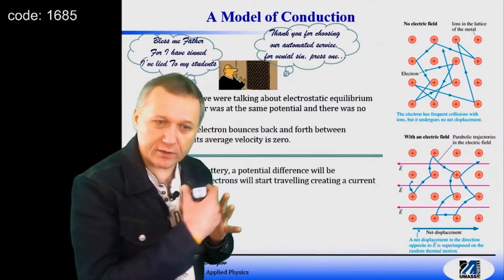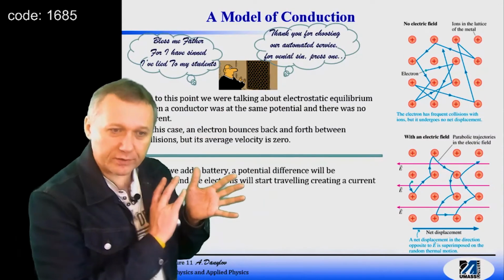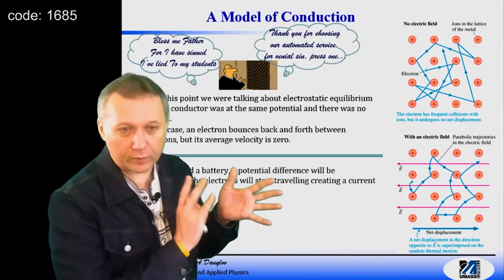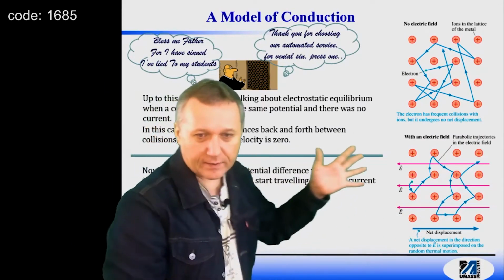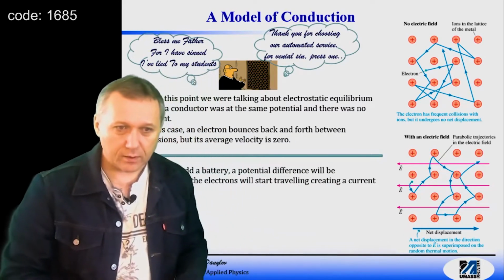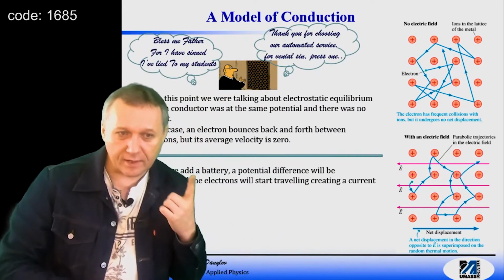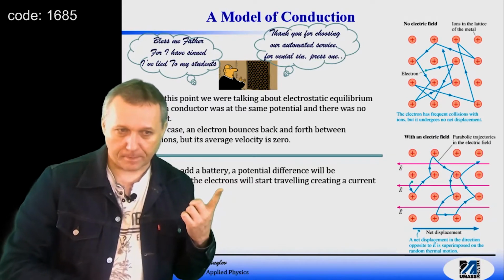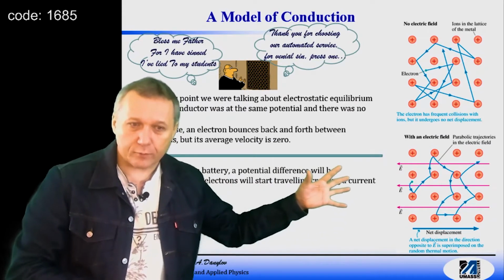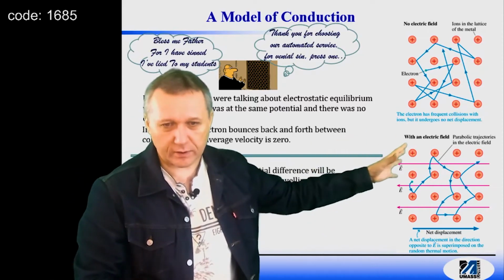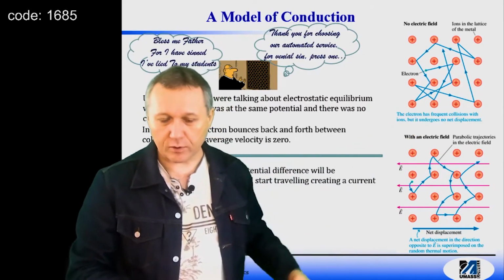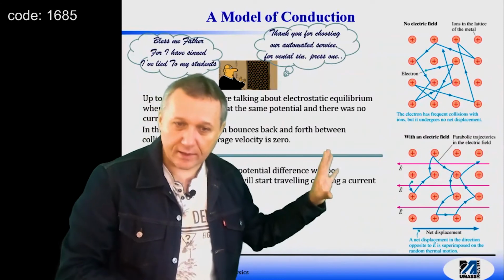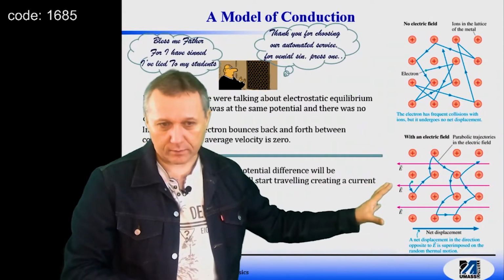On top of those gigantic velocities, there is a drift of all electrons in a certain direction. That drift is what we call the electric current. Of course, the velocity of that drift is much smaller than the velocities due to thermal energy.